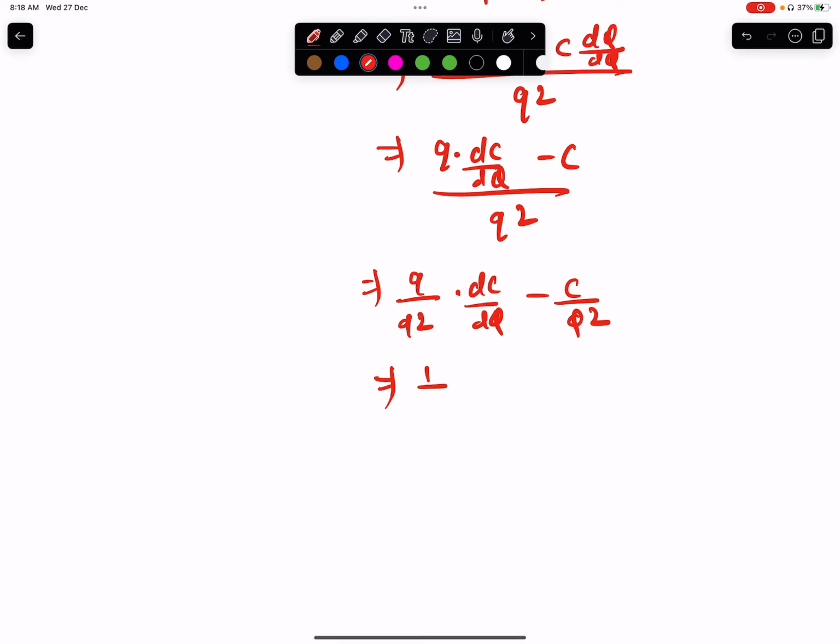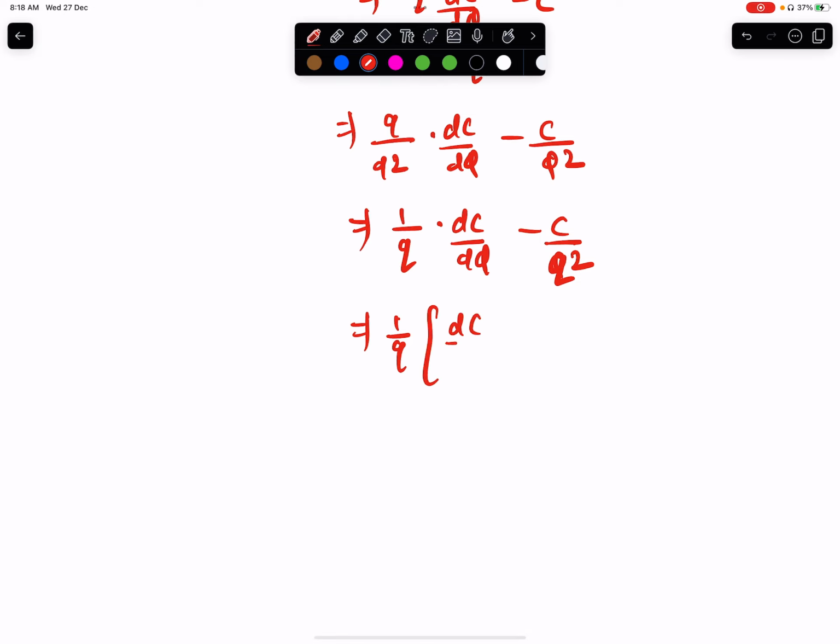That is 1 by Q into dc by dq minus C by Q square. We take 1 by Q common: dc by dq minus C by Q. So we know 1 by Q dc by dq is marginal cost, and C by Q is average cost. So 1 by Q times marginal cost minus average cost is our final answer for the slope of AC.